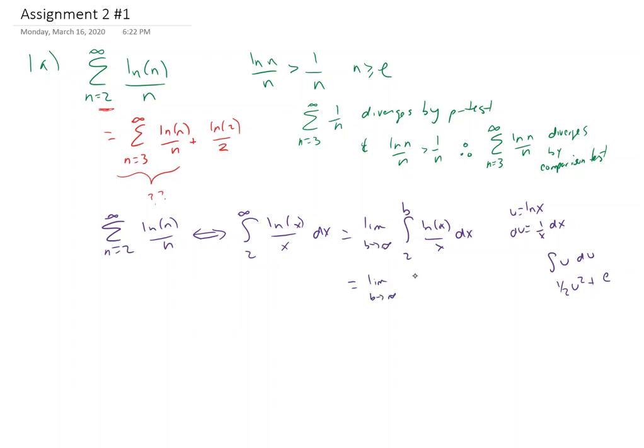We're basically going to be evaluating 1/2 the ln of x squared from 2 to b. And even though it's going there really slowly, this puppy is definitely going to infinity. So therefore, it also diverges by the integral test.